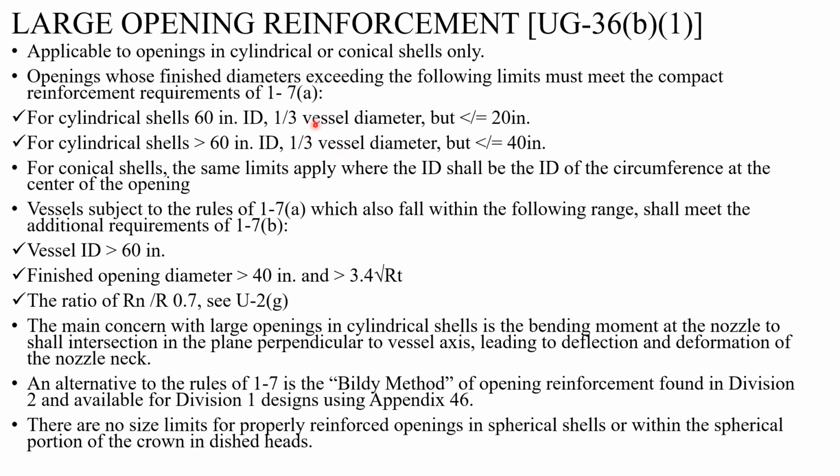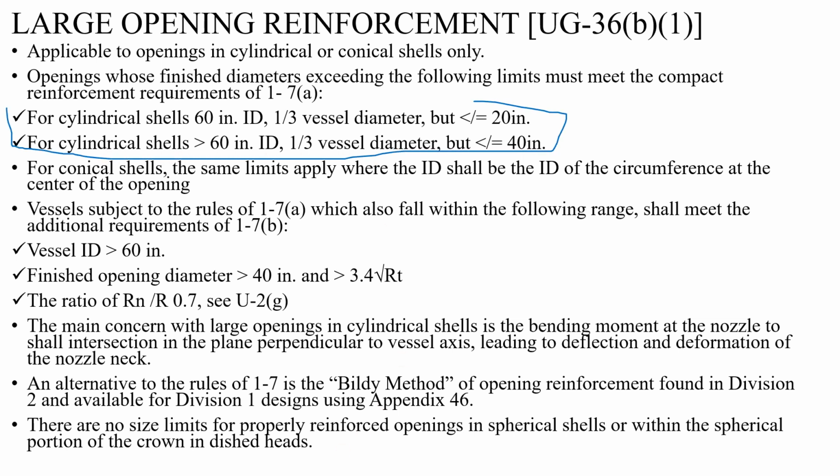In both of these cases, you have to go to the additional Mandatory Appendix 1-7A. You also have to check the reinforcement requirement based on Appendix 1-7A, in addition to the area replacement, when your opening falls into this category.